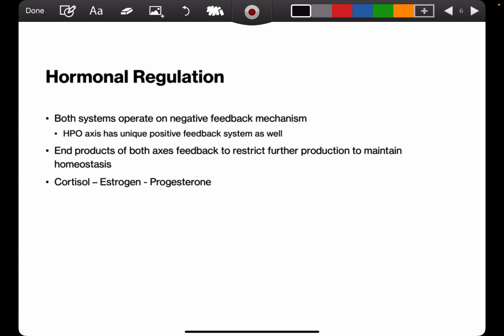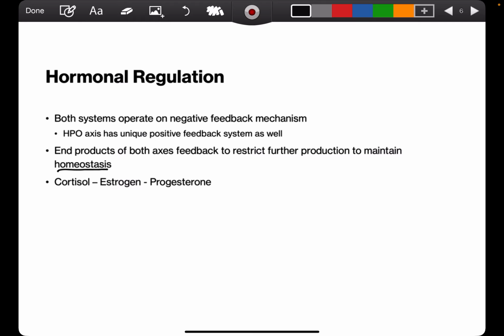So again, for the hormonal regulation, both HPO and the HPA are operating on negative feedback mechanisms, whereas the HPO does have that positive feedback system where the high levels of estrogen prior to ovulation stimulate the increased amounts of LH.